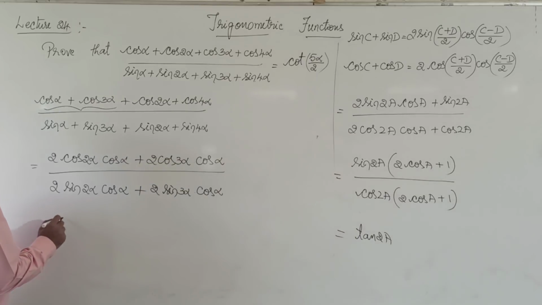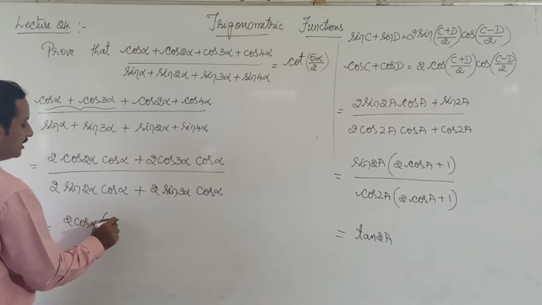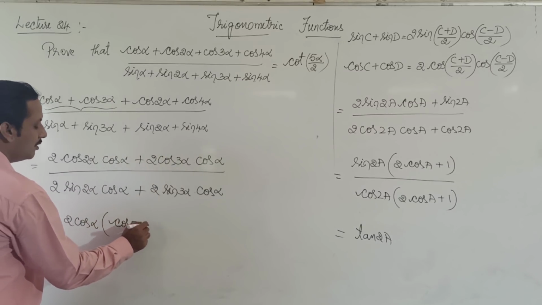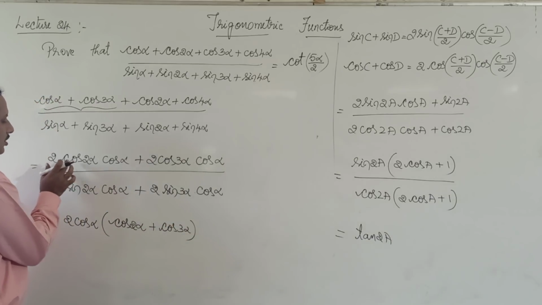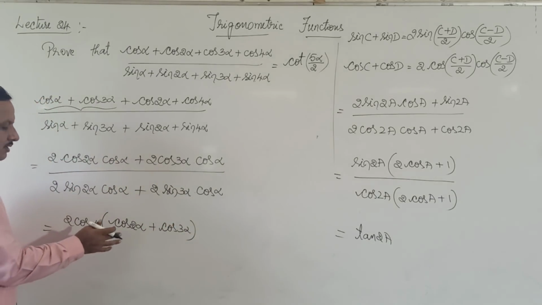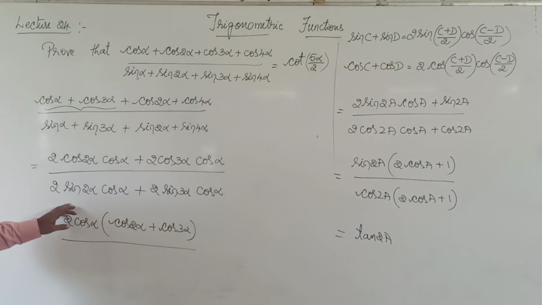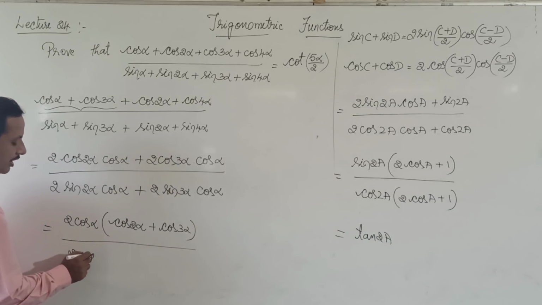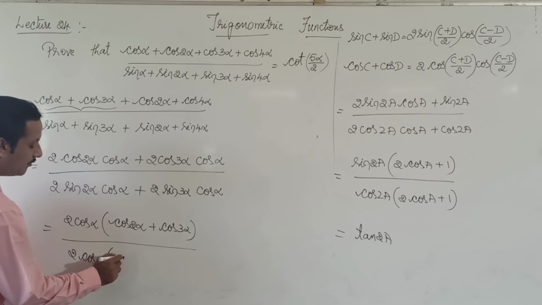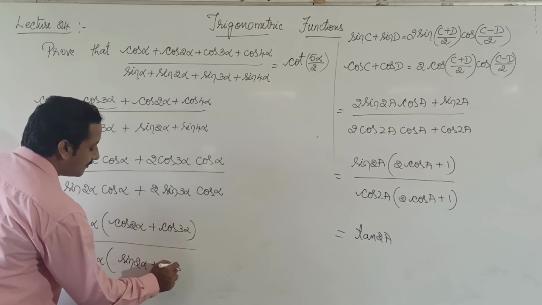Okay, after this, between the first two terms, what is a common factor? 2 cos alpha is a common factor. I will take 2 cos alpha as common. Then what will remain here? Cos 2 alpha plus cos 3 alpha. I have taken 2 cos alpha as common, so we are left with cos 2 alpha plus cos 3 alpha. In the denominator also, I will take 2 cos alpha as common, so we are left with sin 2 alpha plus sin 3 alpha.